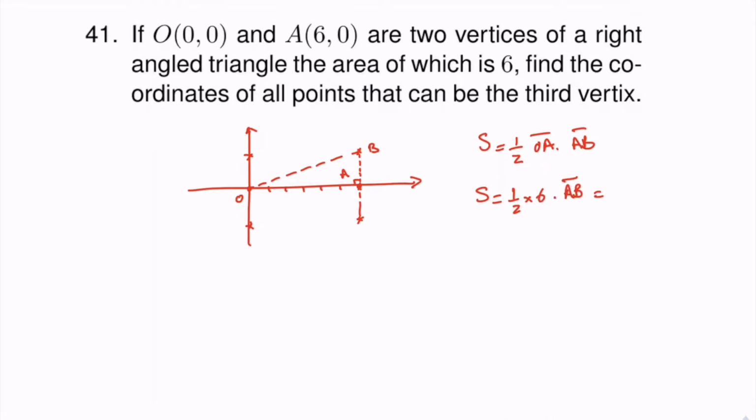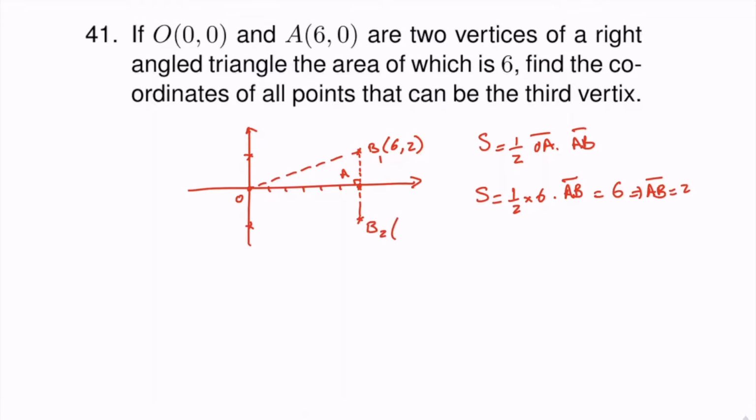And we also know that S, which is the area, is 6. So AB will be 2. And therefore, the third vertex, one of them, is B, where x of B is 6 and y of B is 2. Or similarly, let's call this B1.